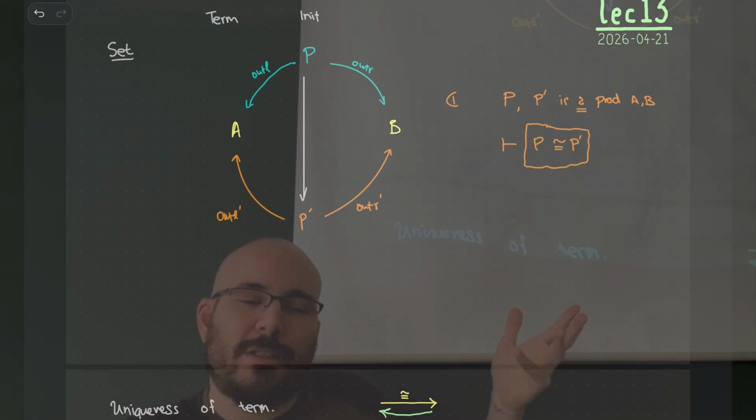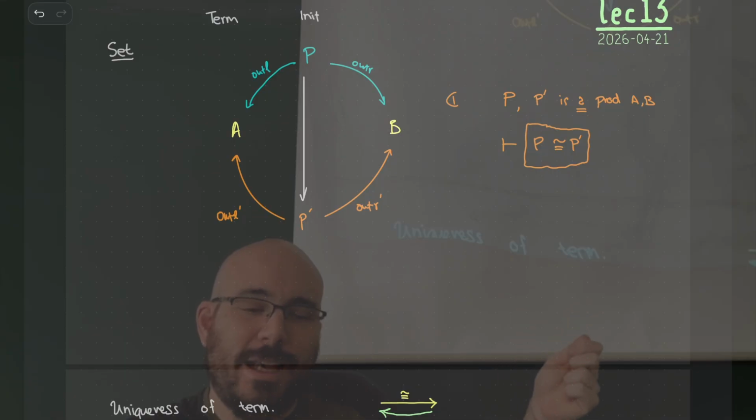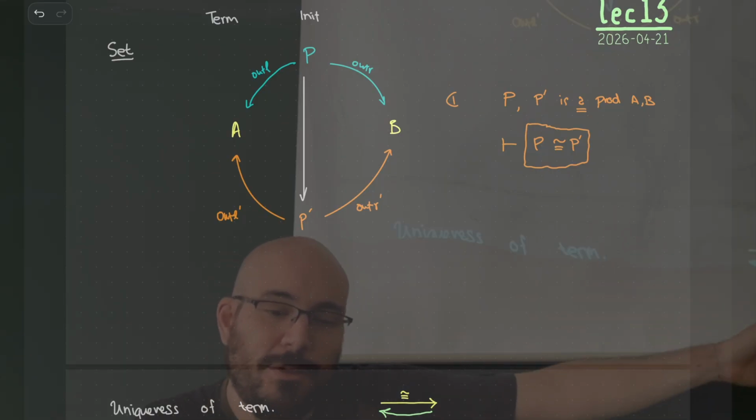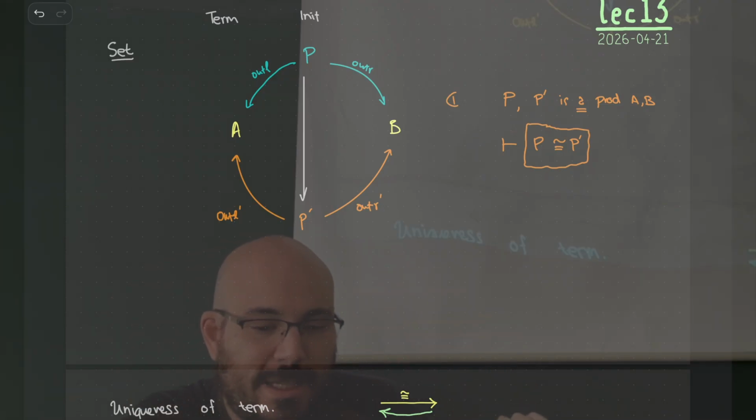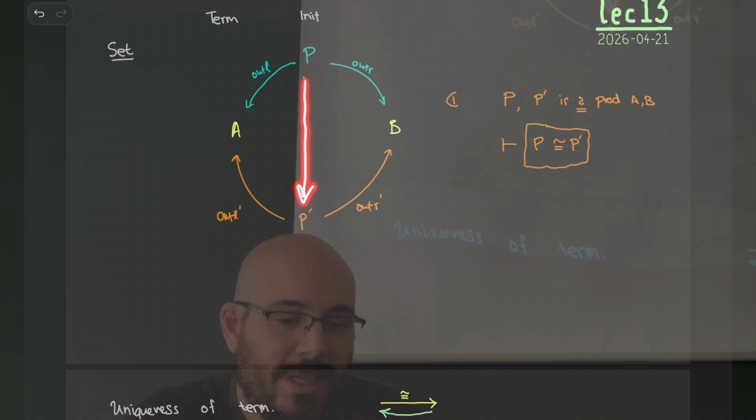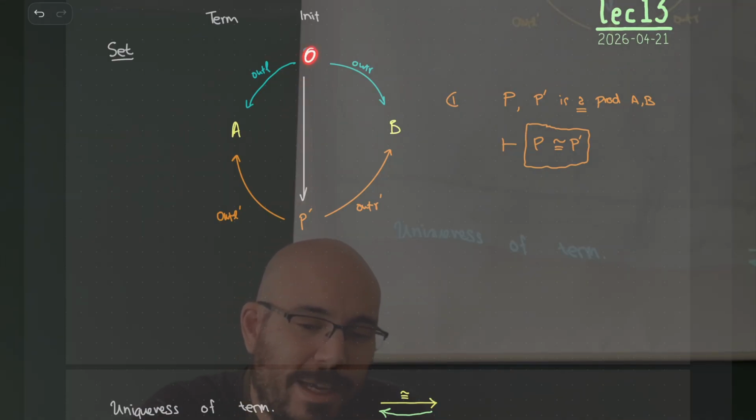So the product was defined in a way saying that for any other candidate, there is a unique way to get inside your guy. So it means that the fact that this is a product gives me a way to get an arrow out of any other candidate for a product.